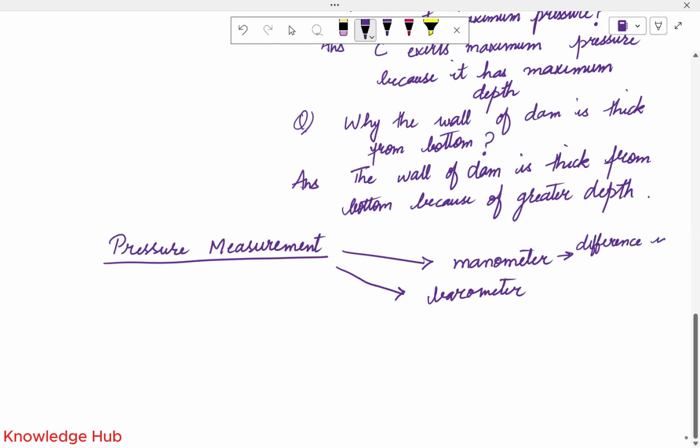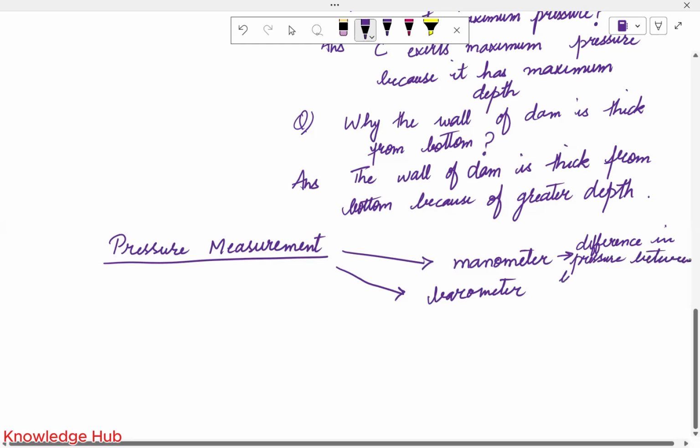So the manometer is used to measure the difference in pressure between two liquids or gases, and the barometer is used to measure the atmospheric pressure. Atmospheric pressure is the pressure exerted by the atmosphere.